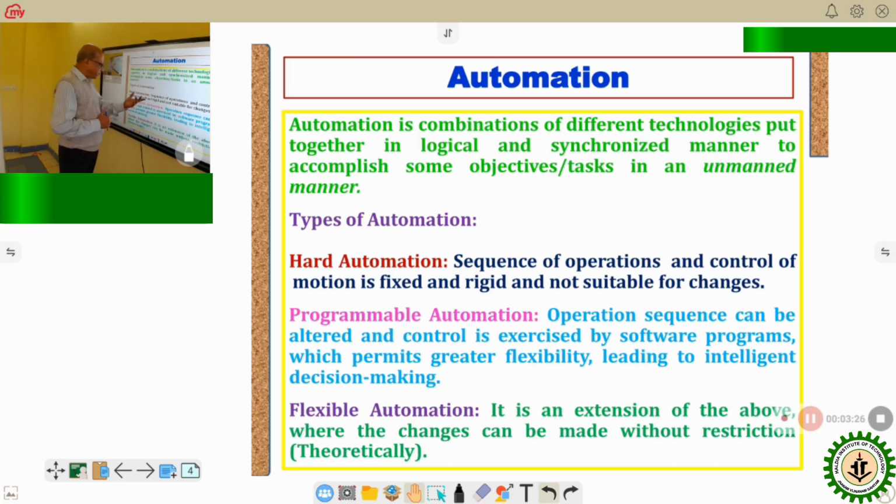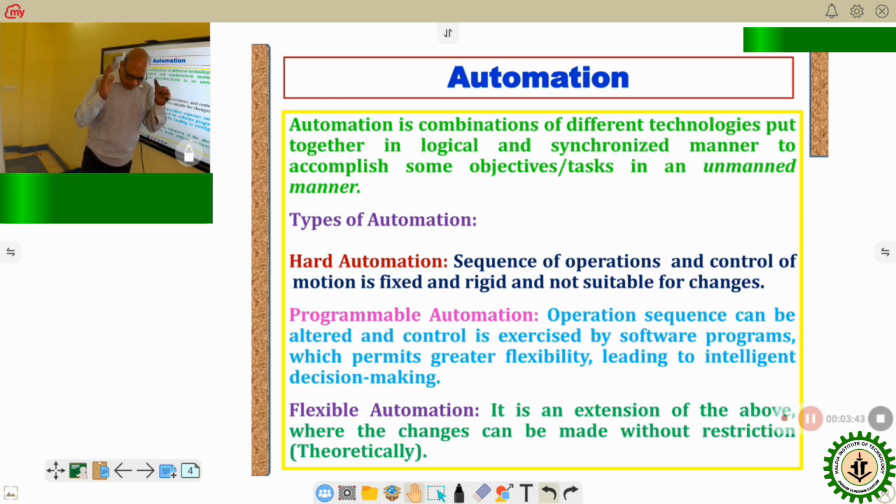Those items were utilized to execute different control activities in a machine tool system. But why are these called hard? Because they are rigid in nature. These are fixed, rigid and not amenable to changes.